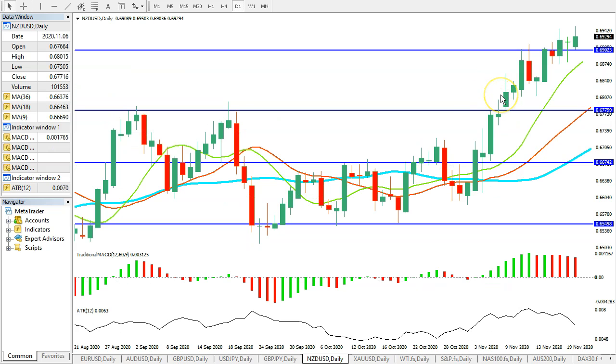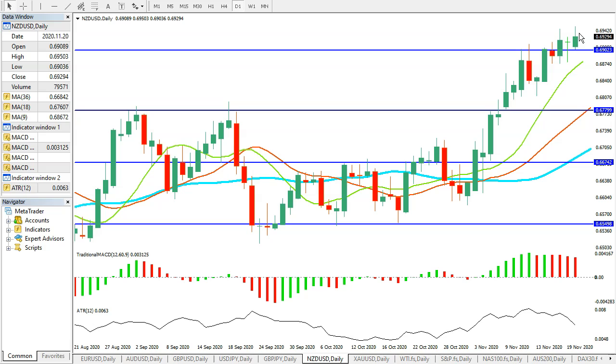Looking at the New Zealand dollar, we have a clear strong uptrend that started from the break of this inside bar. The inside bar here broke above a significant level, so that initiated the new trend up. We had a confirmation with a pin bar, with the price breaking above the pin bar, and again now another pin bar with the price breaking above it.